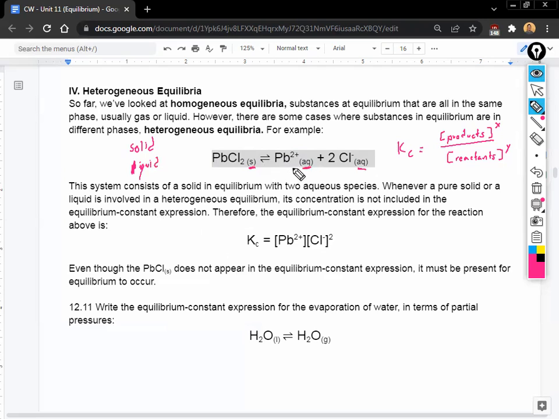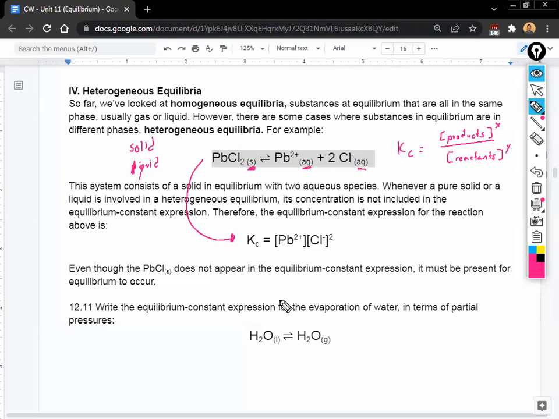So if we look at this reaction, the tendency might be to put this and this on the top and this on the bottom, right? But if you notice, PbCl2 is a solid, so we don't include it in the equilibrium constant. If we wanted to write the equilibrium constant for this reaction, it would just be this right here. It would be Pb2 plus times Cl minus squared, and we don't include the pure substance.